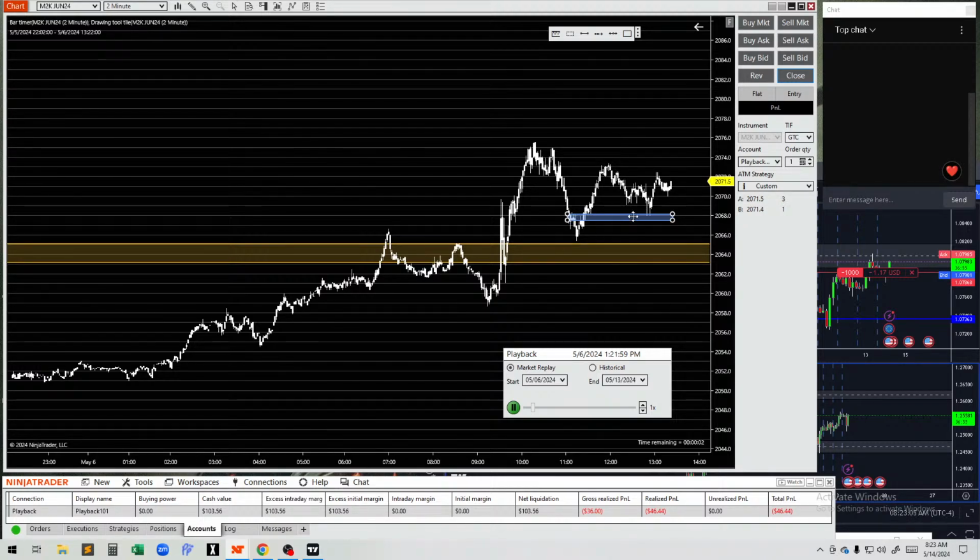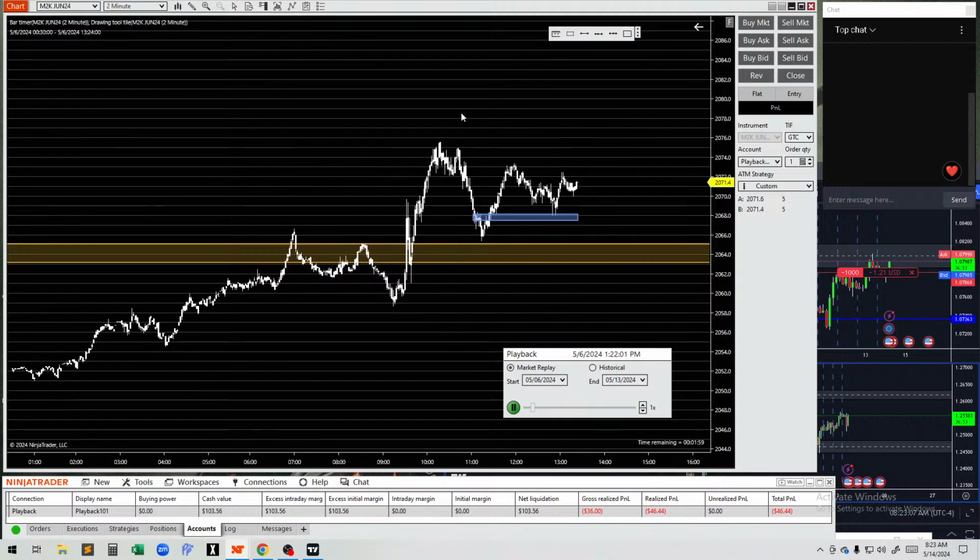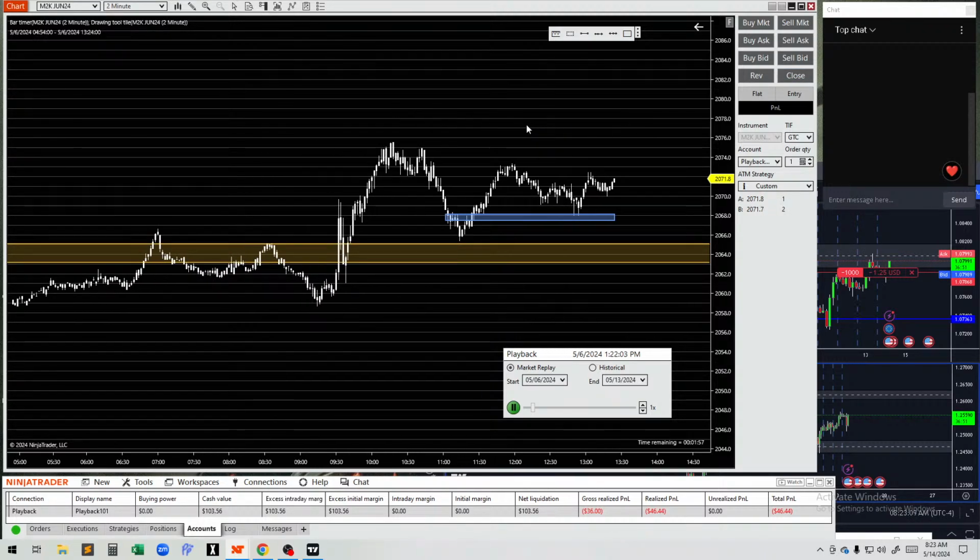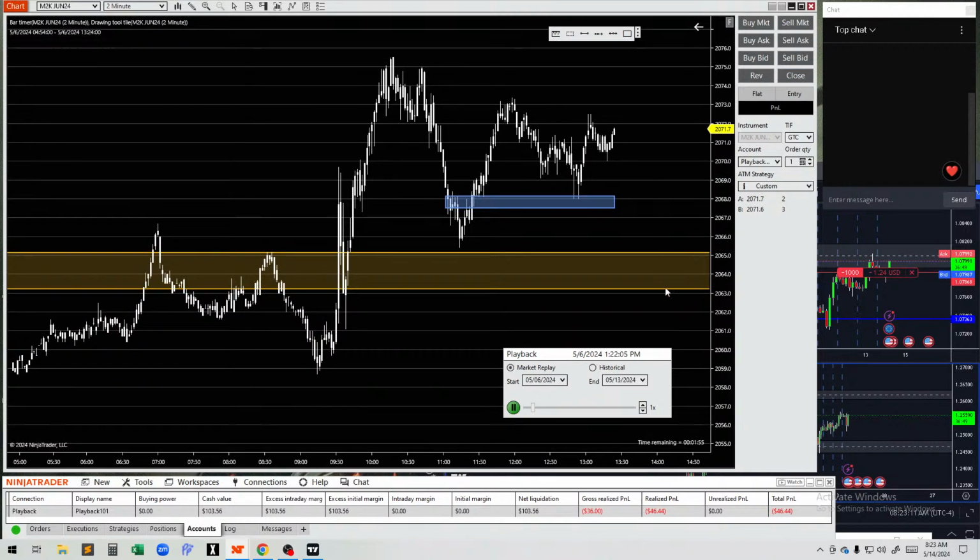The next level down was here. We just kind of zoomed through it with the replay speed, so that's why I advise trying to stay close to real speed, or 2 to 3, 4 times, because at this rate, every 4 seconds is 1 second in real time. So if you put it up to 10x, you're basically going to get 1 candle every 6 seconds.